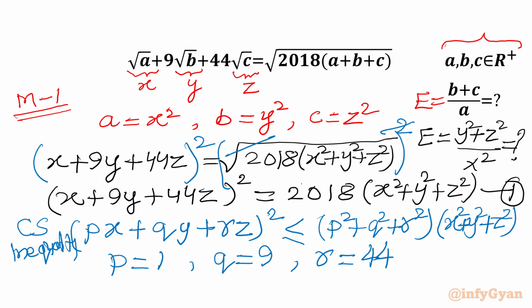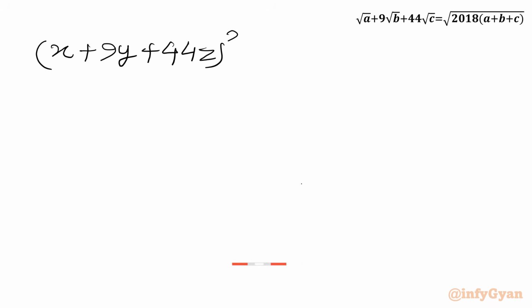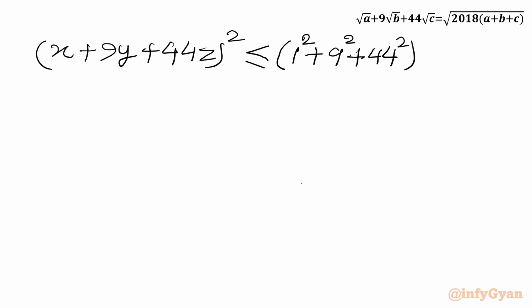So (x plus 9y plus 44z) whole square should be less than or equal to: p is 1, so 1 square, q is 9, so 9 square, r is 44, so 44 square. This is p square plus q square plus r square. Then in the other bracket there would be x square plus y square plus z square.